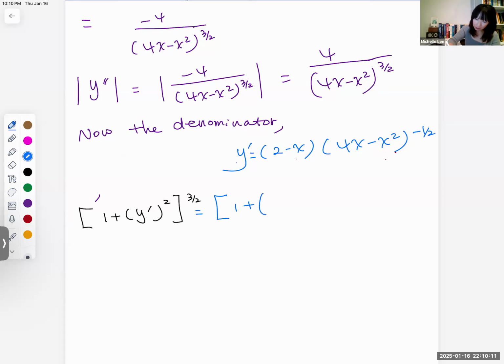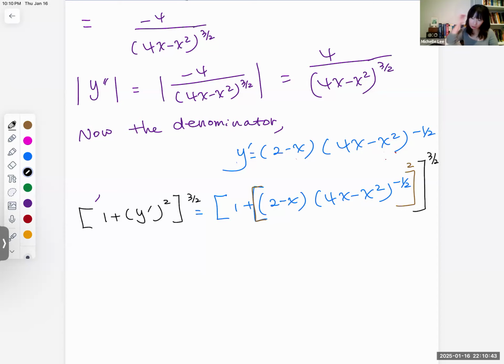So 2 minus x, and 4x minus x squared to the negative 1/2, then squared, right? So we don't forget we have a square. And then another bracket, too many brackets, to the 3/2.